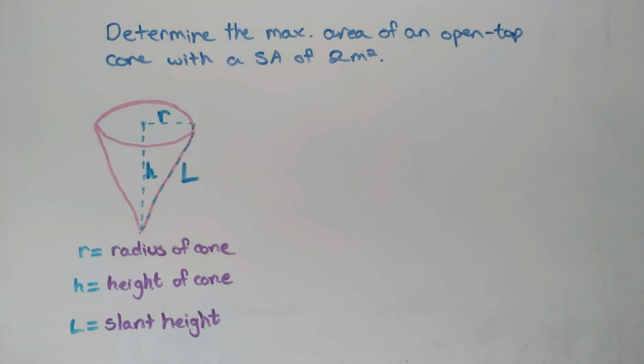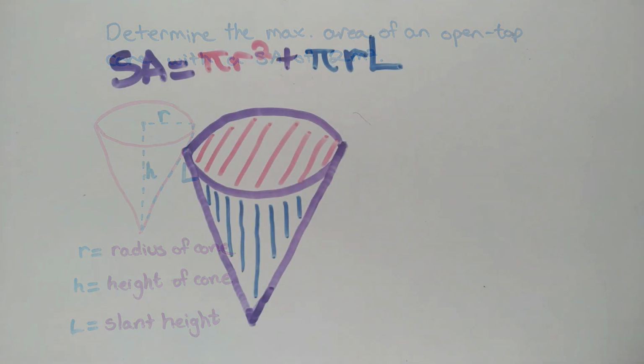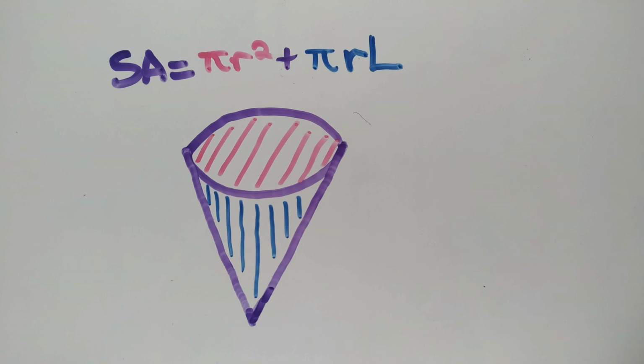So it's labeled here, r is equal to the radius, h is equal to the height, and l is equal to the slant height. And this is what the cone looks like. And we know that the equation for surface area is equal to pi r squared plus pi rl, which is the slant height.